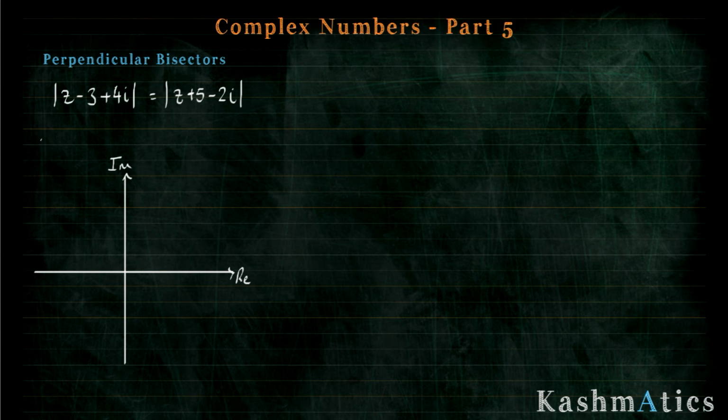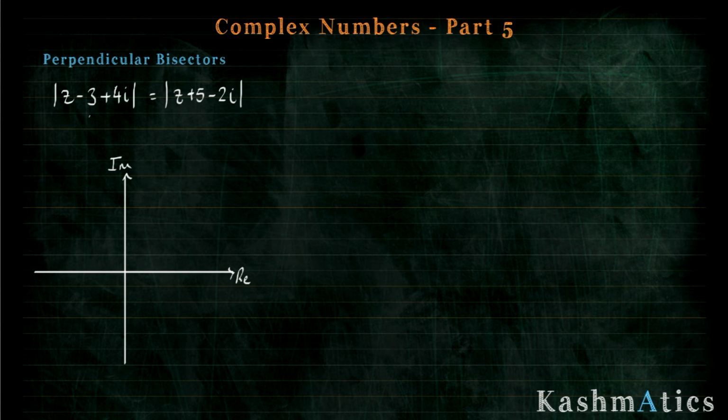Right, let's have a look at this equation and try to understand what it means. Now you would be forgiven for thinking this is two circles, because in the last example, that was part of the equation of the circle. But because we've got the title perpendicular bisectors, you might not be forgiven for that.